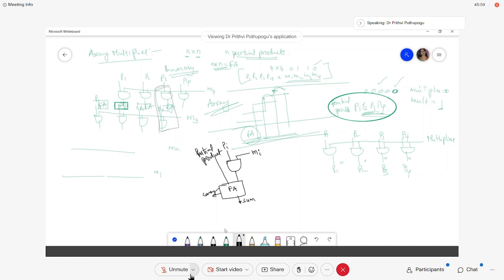Say if I have one more, P of I, say this is M of I plus 1, this becomes the full adder, and this is the partial sum product, the sum of the partial product from the previous stage, and this gives you the carry, and this gives you the sum.